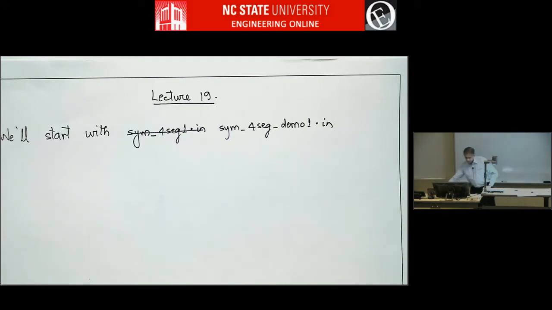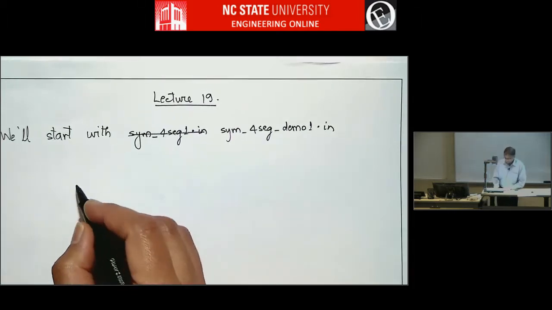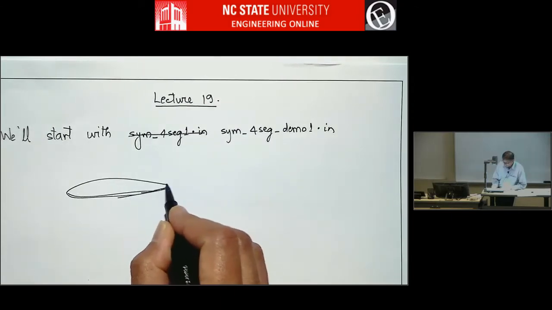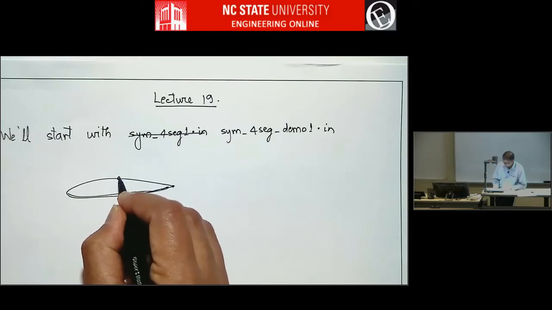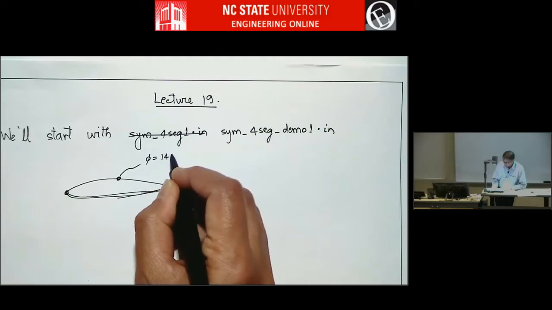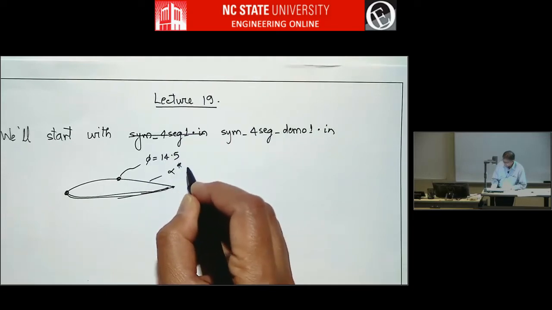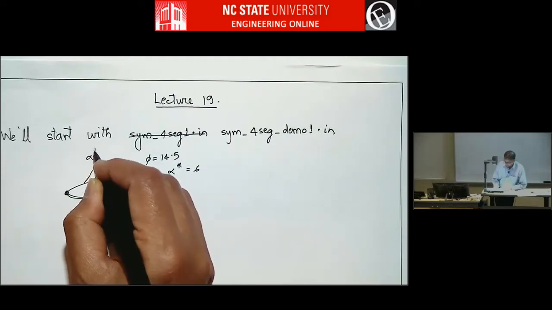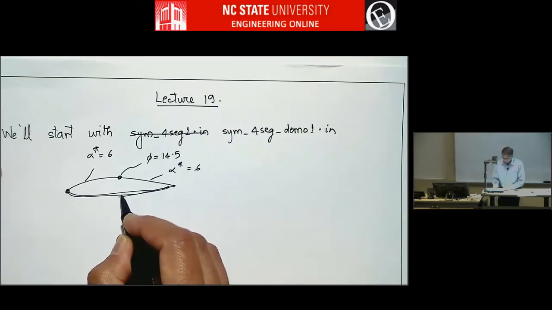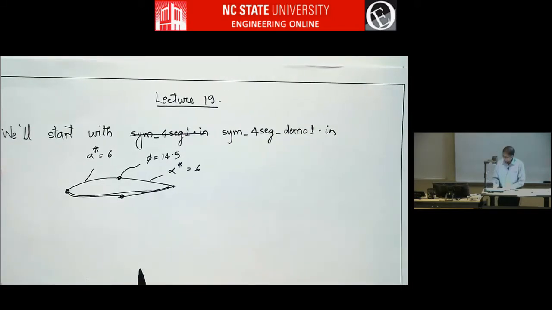So this file has got 4 segments, and it's a symmetric airfoil, so you only need to give in profile 2. Phi here is 14.5 and the alpha star here is 6. The alpha star here is also 6, and the lower surface is automatically defined in profile.